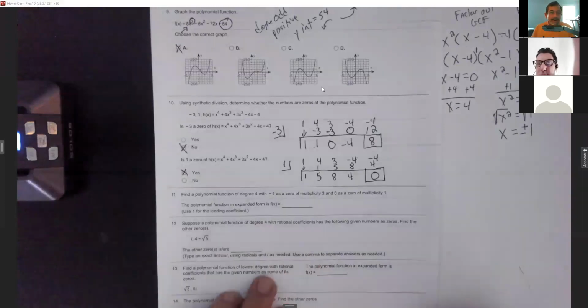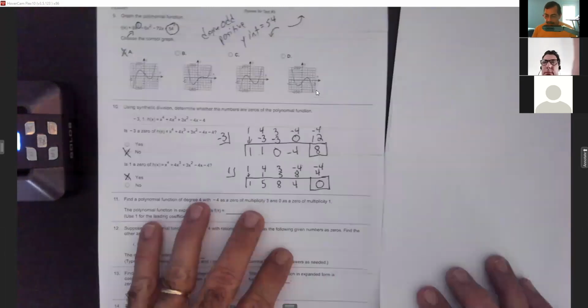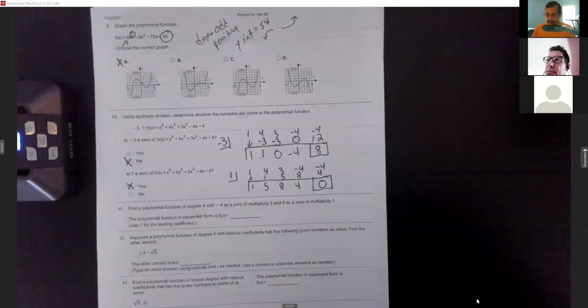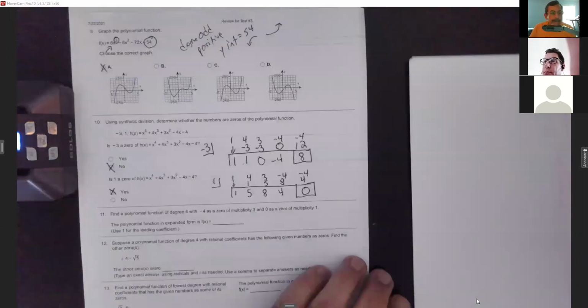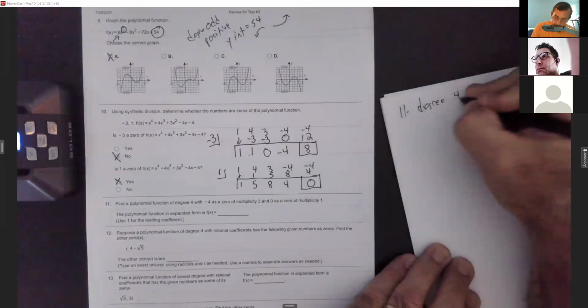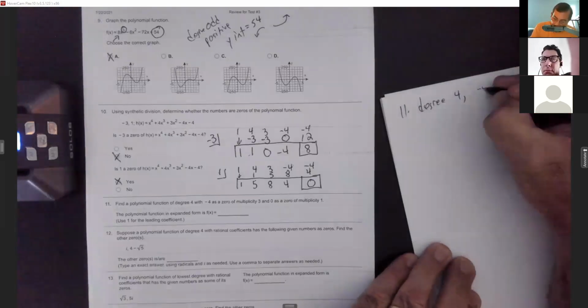All right, now we're getting into the stuff where we had to do a lot of FOILing. So let me write down my numbers for that number 11 there. So number 11, I'm going to find a polynomial degree 4. It has a -4 as a 0, multiplicity 3.